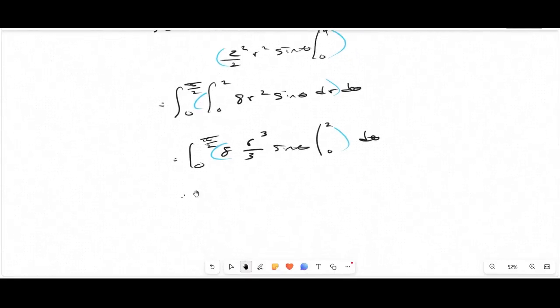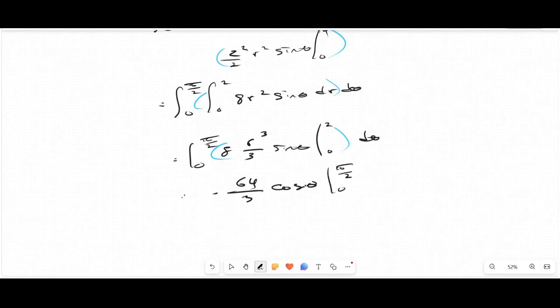Otherwise, you pick up another factor of 8. So now we're at 64 over 3. And I'm going to integrate sine of theta. Let's just get that in there. Negative cosine theta from 0 to pi over 2. If you plug in pi over 2, you get 0. Negatives flip, 64 over 3. Done.